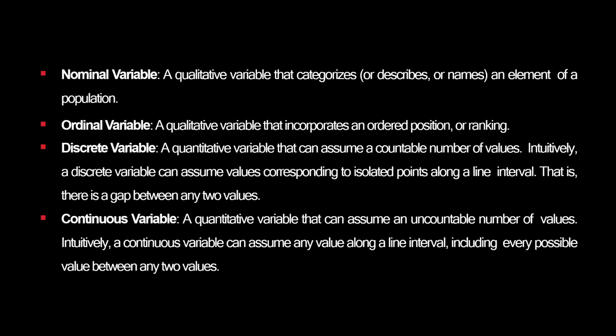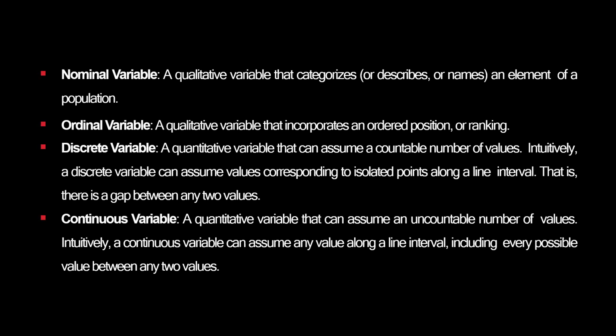And then there is the continuous variable. It can assume an uncountable number of values. Intuitively, a continuous variable can assume any value along a line interval. Since it is continuous and can assume any value along the line interval, there is a possibility of a gap between two values.